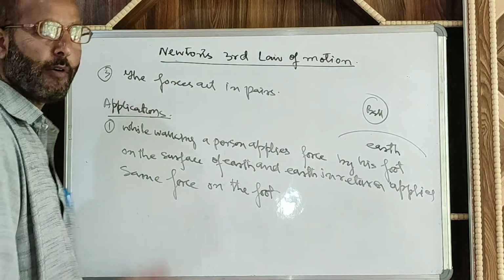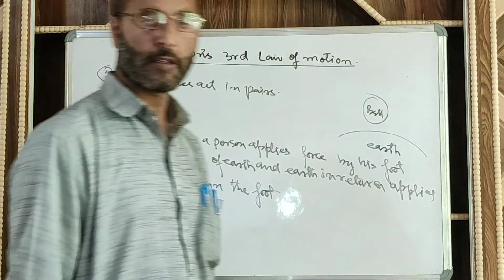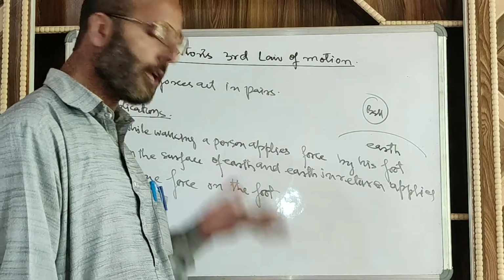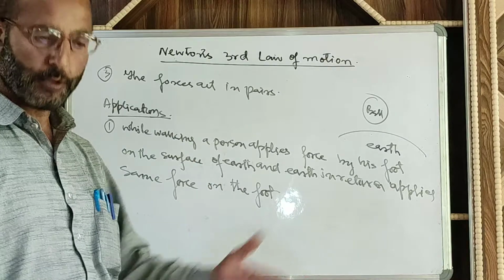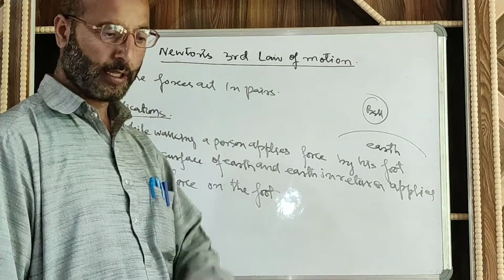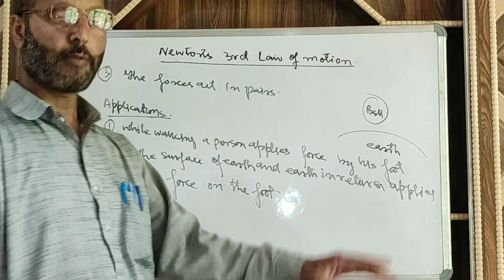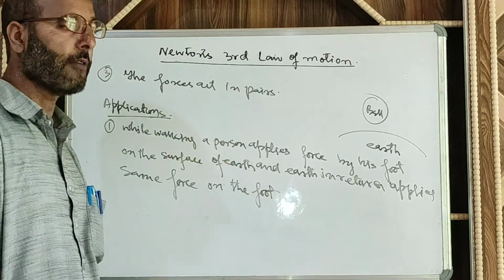In this way, a man walks. For example, हम जब चलते हैं तो हमारा foot applies force on the earth, but the earth applies the same force on our foot. Our foot pushes the earth in the backward direction, but the earth pushes our foot in the forward direction. So this is the way you can walk on the ground.